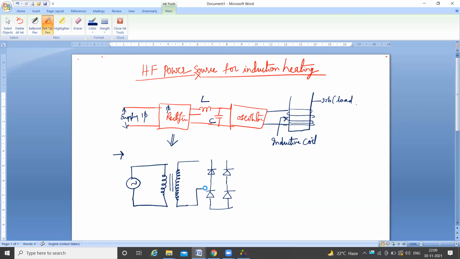This is applied to the secondary winding and given to the LC filter. The output of the LC filter is given to the Colpitts oscillator.